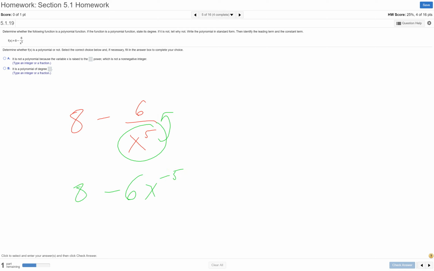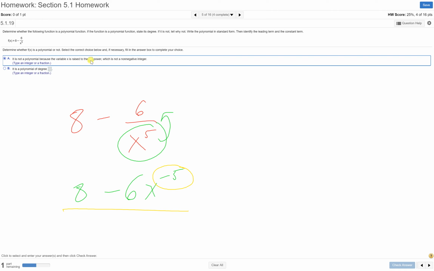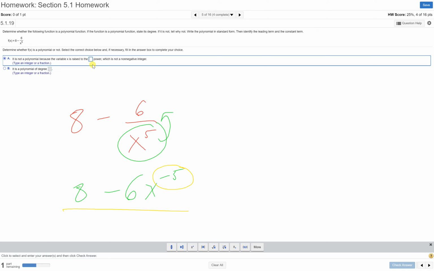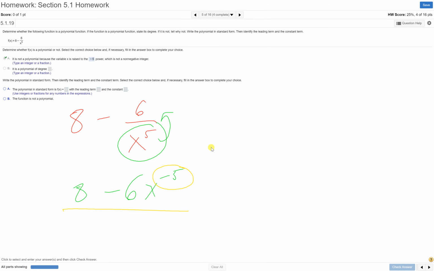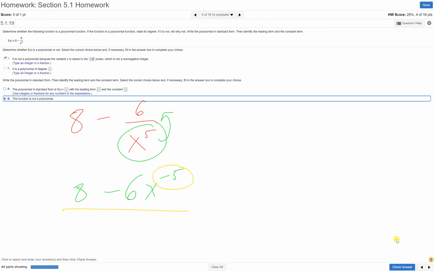Now answer the question: is this still a polynomial? The answer is no, because that exponent is no longer positive. It's negative. For that reason, it's not a polynomial, because the power is raised to the -5, which is not a power that's possible for a polynomial. Still a function, but just not a polynomial.